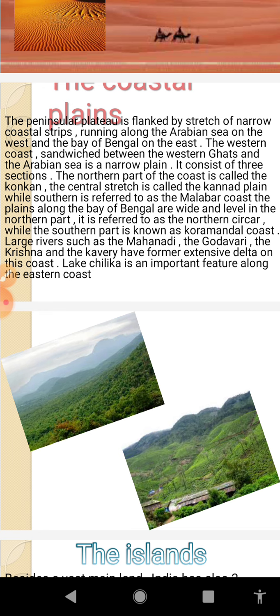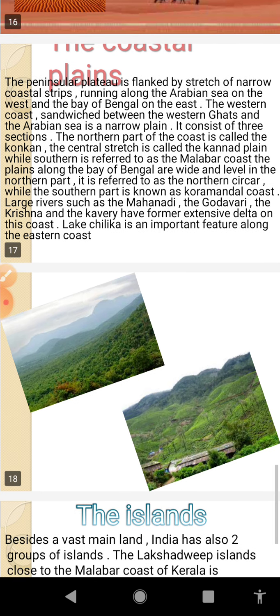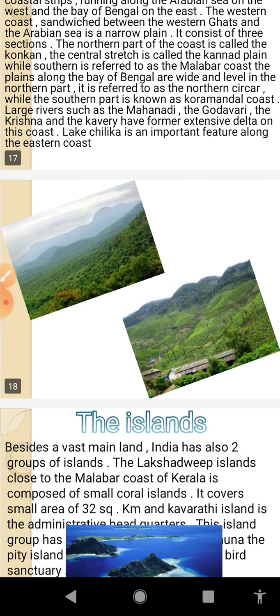As I told you just now, it is wider than the Western Coastal Plain, as a number of east flowing peninsular rivers like Mahanadi, Godavari, Krishna and Kaveri have formed deltas before joining the Bay of Bengal. So the Eastern Coastal Plain is much more fertile and much wider than the Western Coastal Plain.